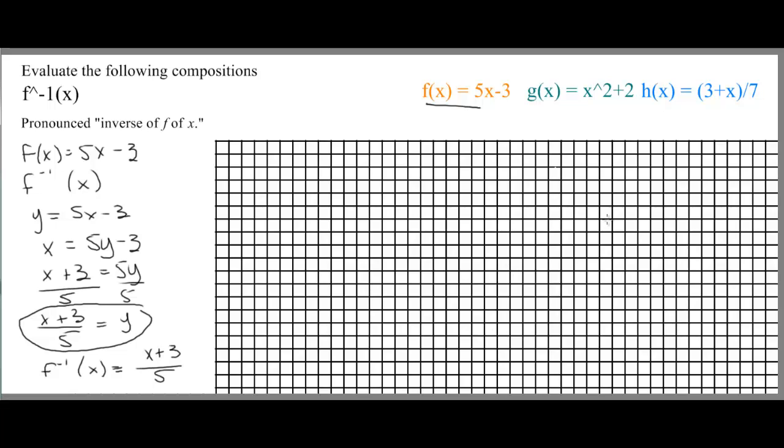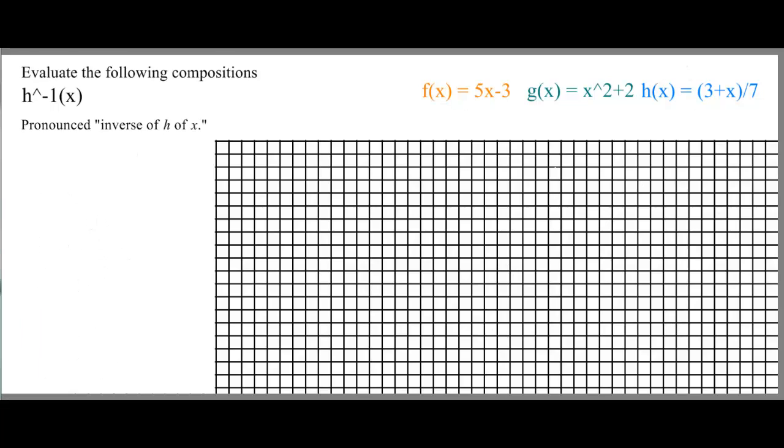Let's work through our next problem. This one's basically the same thing, except we're going to be dealing with h of x. We're going to do the inverse of h of x. So we're dealing with this one over here. Let me rewrite that over here. This is what we're going to be dealing with.